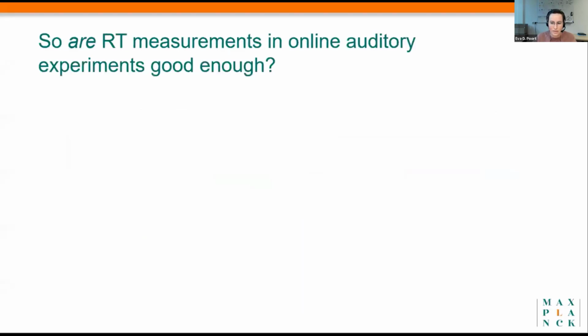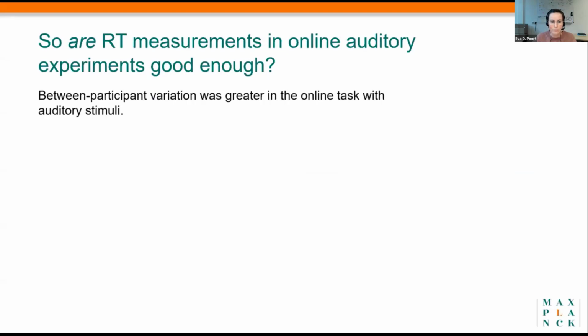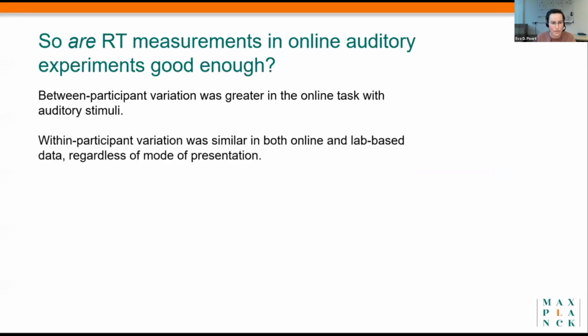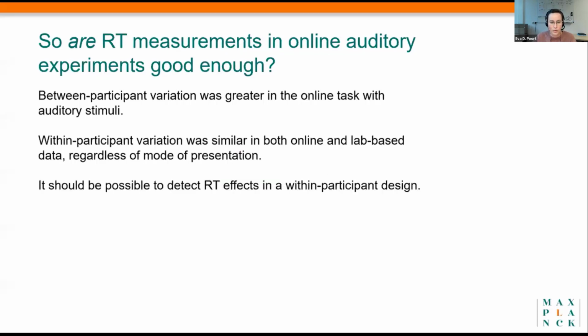So this led us to conclude that between participant variation was indeed greater in the online task with auditory stimuli, but the within participant variation was similar in both the online and lab-based data, regardless of the mode of presentation. So in other words, we were reassured that it should be possible to detect reaction time effects if you use a within participant design, and that was our plan anyway.